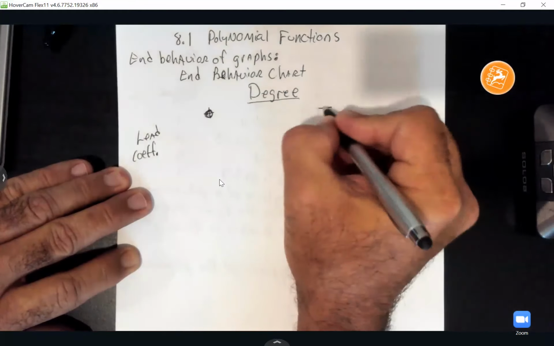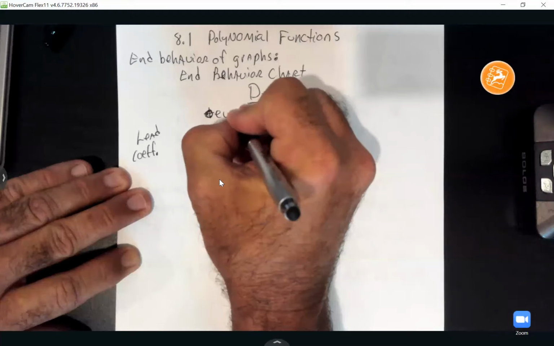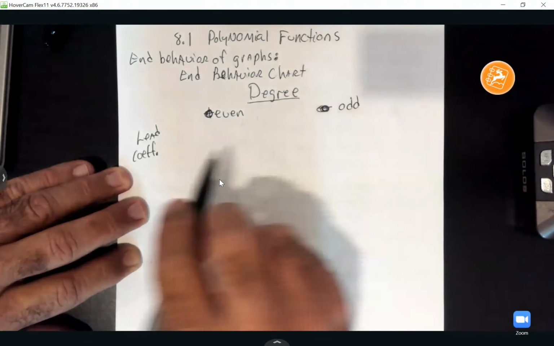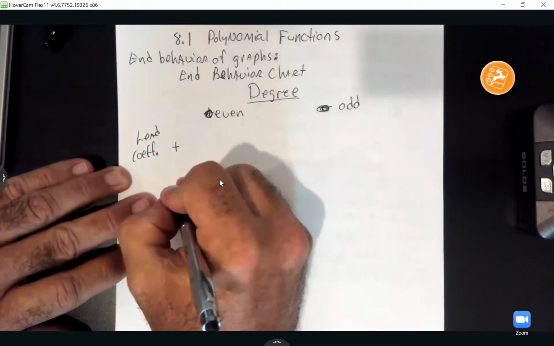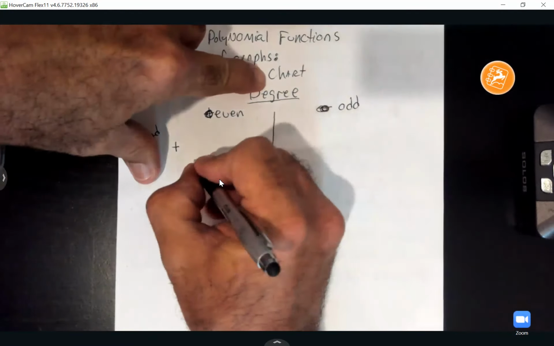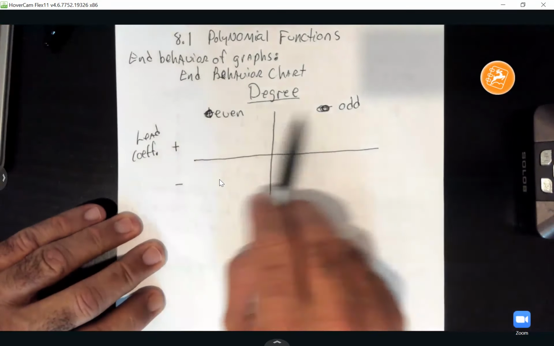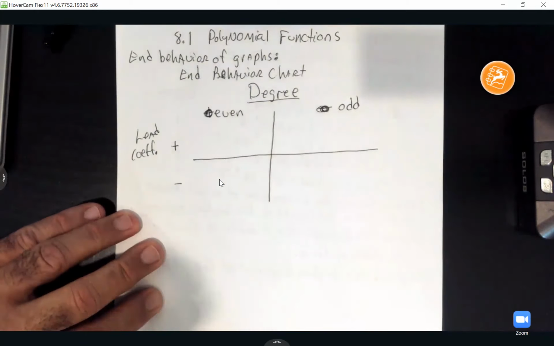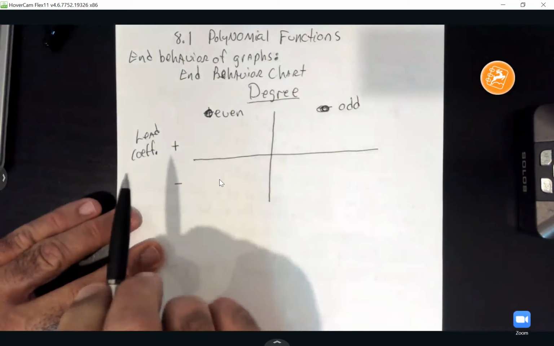Whoops, I'm backwards here. On my degrees, they can be even or odd. So fix that, even or odd degrees. The lead coefficients can be either positive or negative. So that's going to give us a little chart here with 4 options. Make sure you make the degree even and odd. I must have been having a brain lapse there. The lead coefficients, positive or negative.